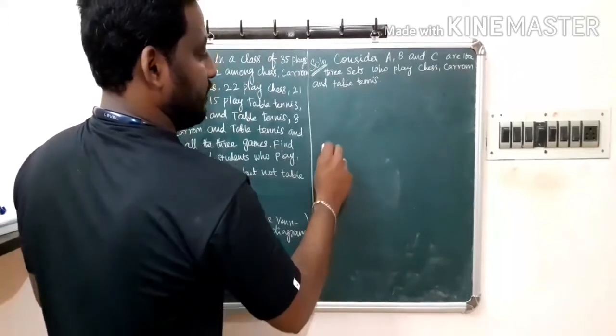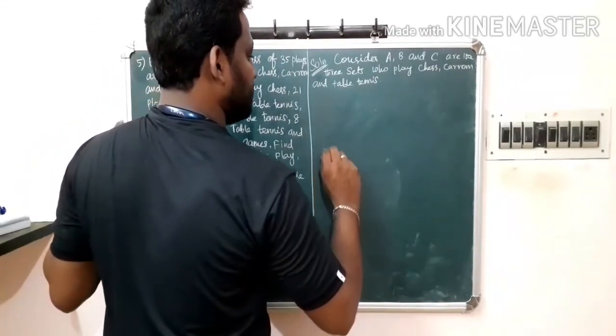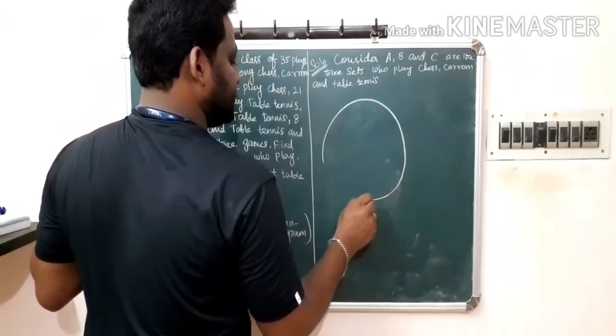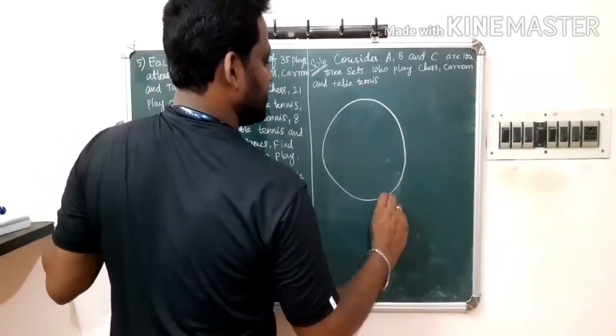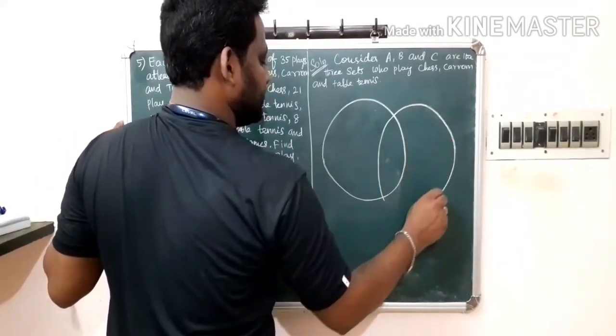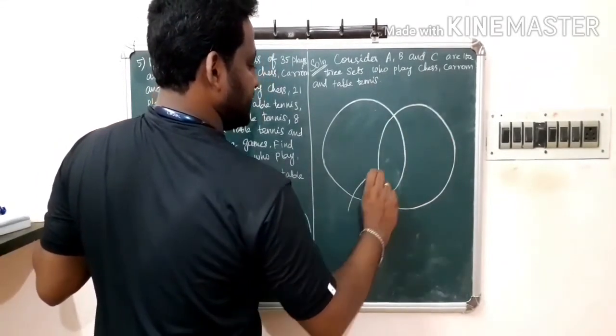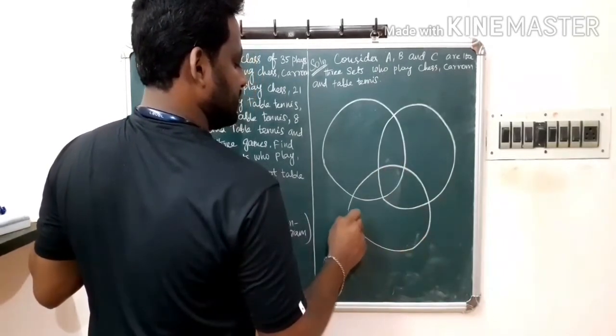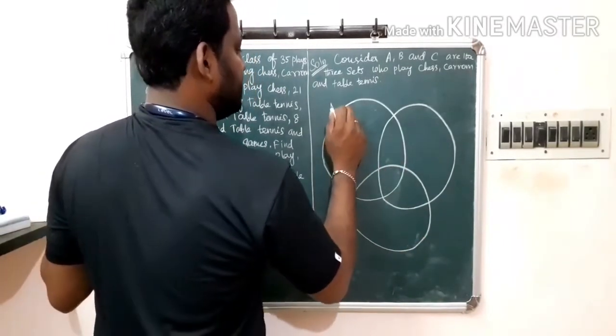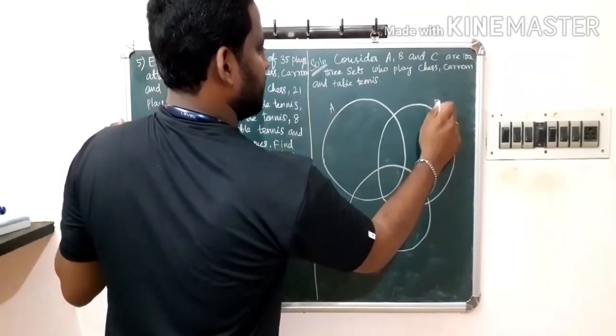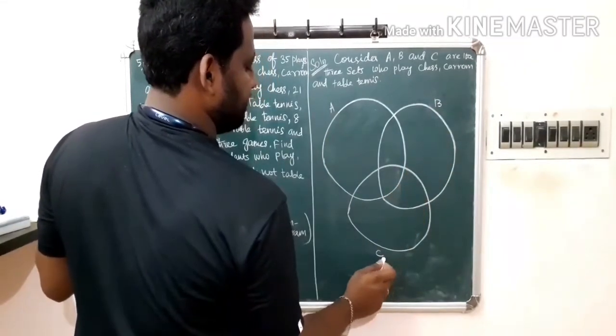Okay, so we have to draw a Venn diagram. Set A is chess, set B is carom, and set C is table tennis. A, B and C.